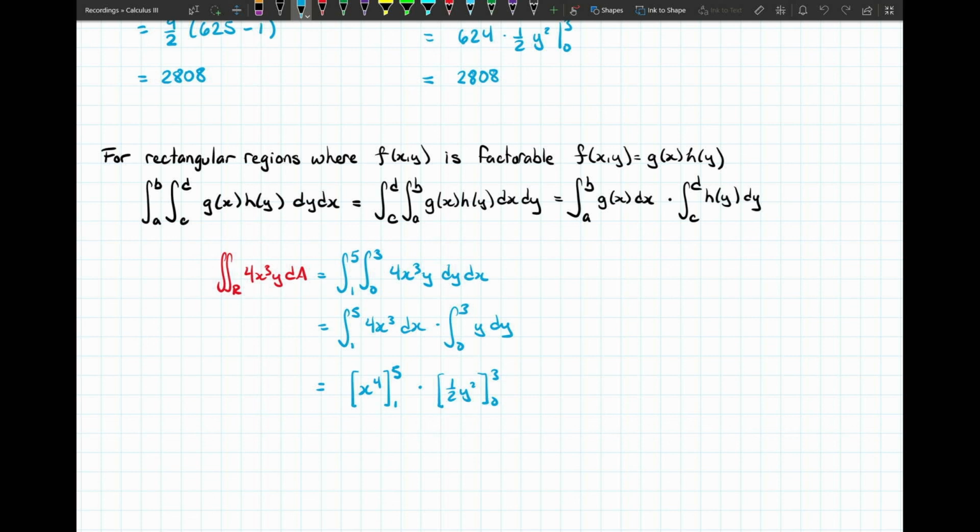We've done this before. 5 to the power 4 minus 1 to the power 4 is 624, and we have 1/2 times 9 minus 1/2 times 0. There's our 624 times 9 over 2 again, and we already know that that should give us 2,808.